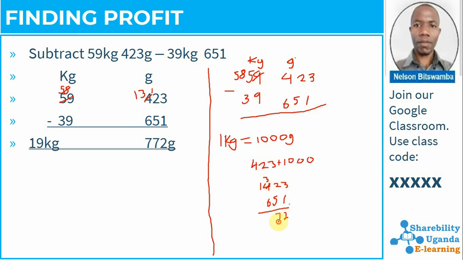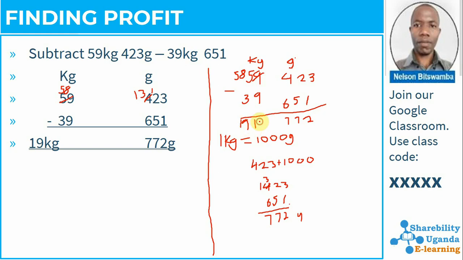We shall still get our 7. And also here we shall still get now the 13 minus 6, which is 7. Okay, so you just now come and bring the figure you have got here, 7, 2, and now 58 minus that, we shall be able to get 19.